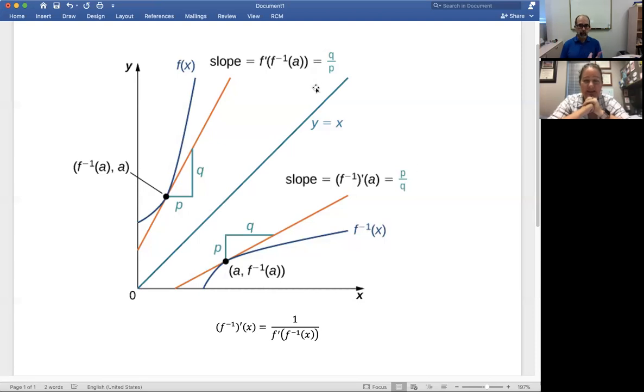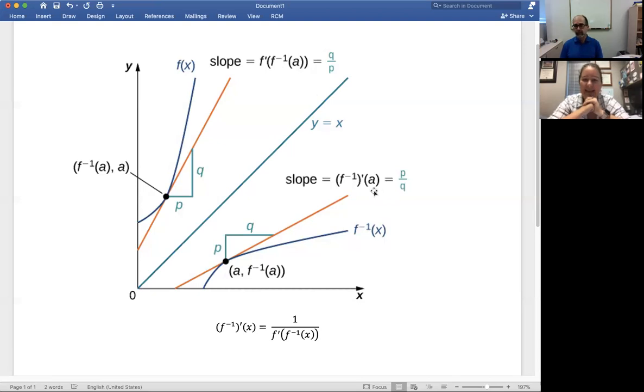If we know the slopes are reflected, that means the derivatives also have to be reflected. So at a, we know that 1 over the derivative of the original function has to equal the derivative of the inverse, but you just have to be careful where you're taking the values. The original function you take at f inverse of a, while the slope of the inverse has to be at a.